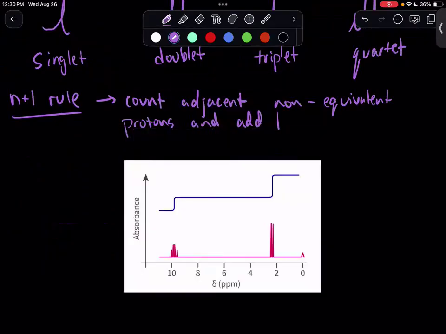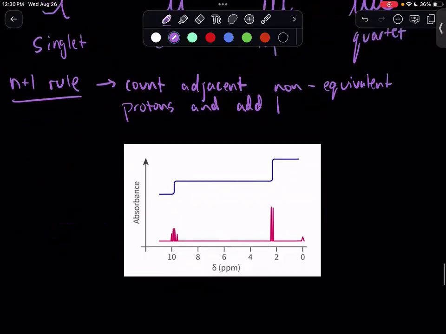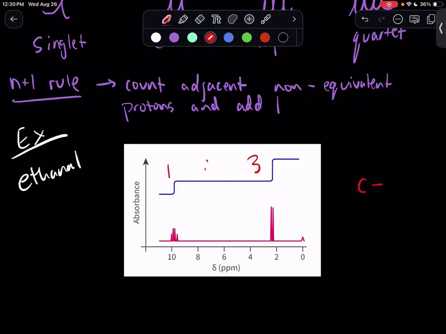Here we go. So, let me just scooch that around. So this is the peak of ethanol. You'll notice our integration trace is still a 1 to 3 because ethanol has a 1 to 3 when we look at our diagram.